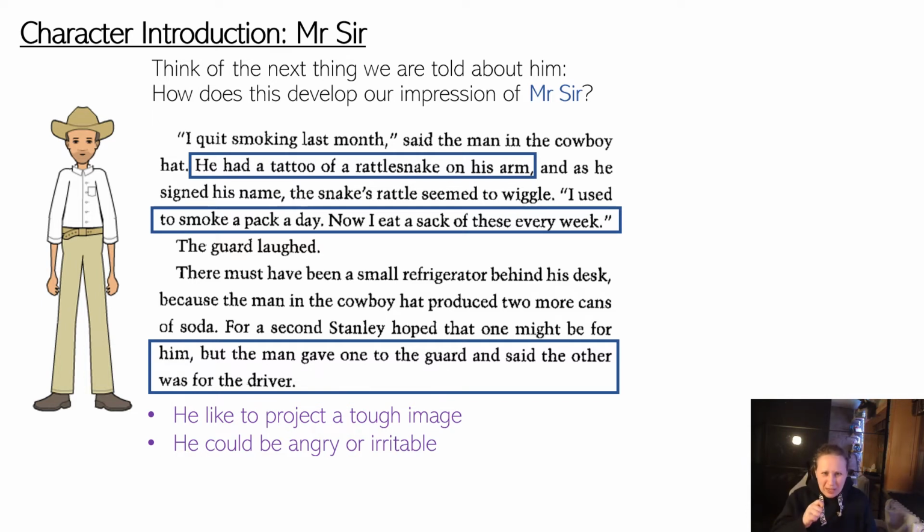So it's another thing he's having to do to squash his bad habit. So it might make him cross or angry because he wants to smoke but he's not smoking. Doesn't tell us why he's giving up smoking. And then he's not sympathetic at all to Stanley. He doesn't feel sorry for Stanley because he's not giving him the can of soda. He's not very nice to Stanley at all.